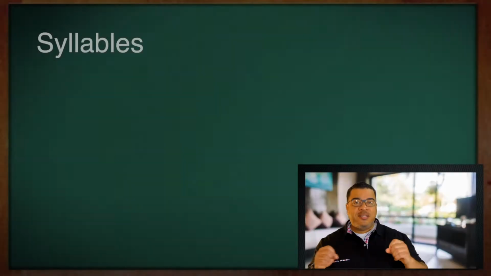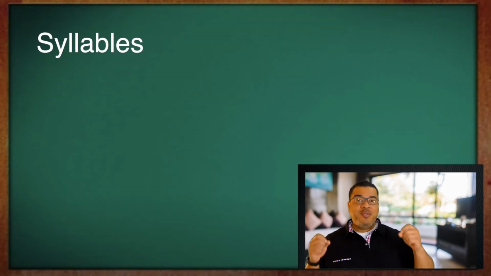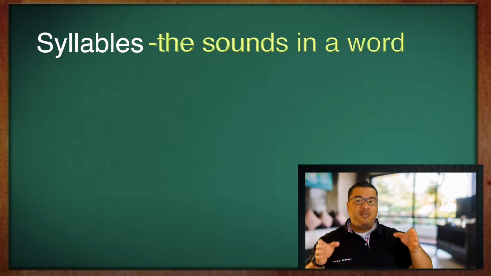When using superlatives in the English language, there are only 4 things you have to remember. Number 1, syllables. Syllables are very, very important in using superlatives correctly. If you're not familiar with a syllable, basically a syllable is the sounds in a word.